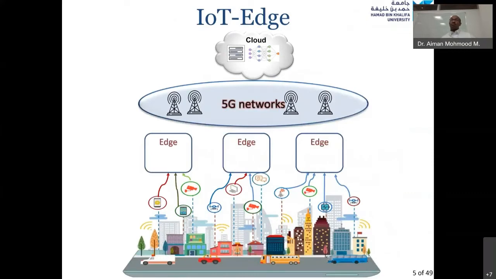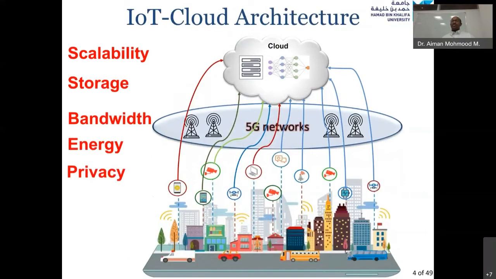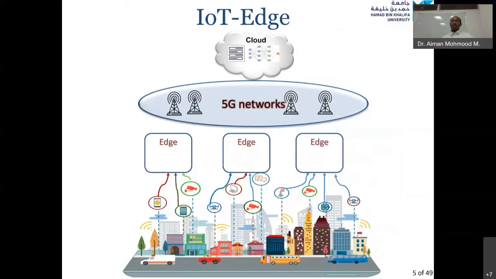So what we are moving toward now is this idea of edge computing, where instead of sending everything all the way to the cloud, there is now a middle layer, the edge, which resides closer to the end user, by the tower or maybe in a location to cover a specific area.